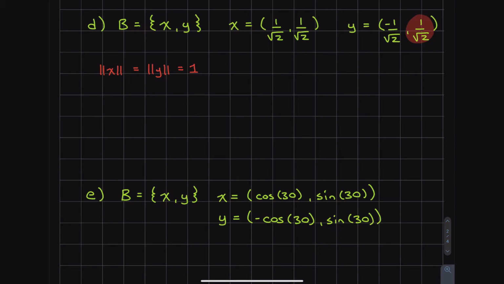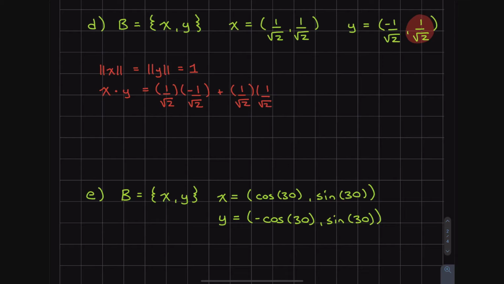So now when we go x dot y, which is equal to the first component, we got 1 over root 2 multiplied by the first component of y, which is negative 1 over root 2. And then we go plus, and then the second component, so we got 1 over root 2. But now here's the difference. Instead of multiplying this by negative 1 over root 2, this is just multiplied by 1 over root 2.